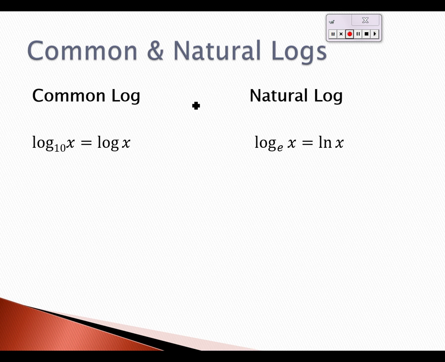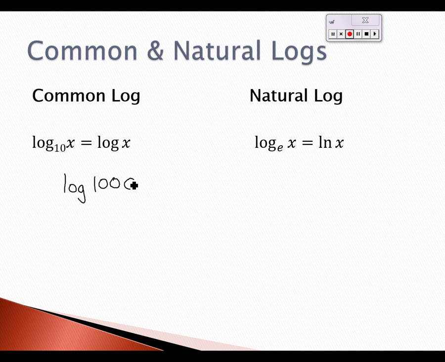Just like we write the square root, but we usually don't write 2, even though it is technically the second root, we usually omit it. Why? Because of convention, because of history. There's no special reason. It's just we use square root so often. So we use log base 10 so often that we usually just write log x. So if you ever see log without a base, you're like, wait, where's the base? Then you can assume that it's log base 10.